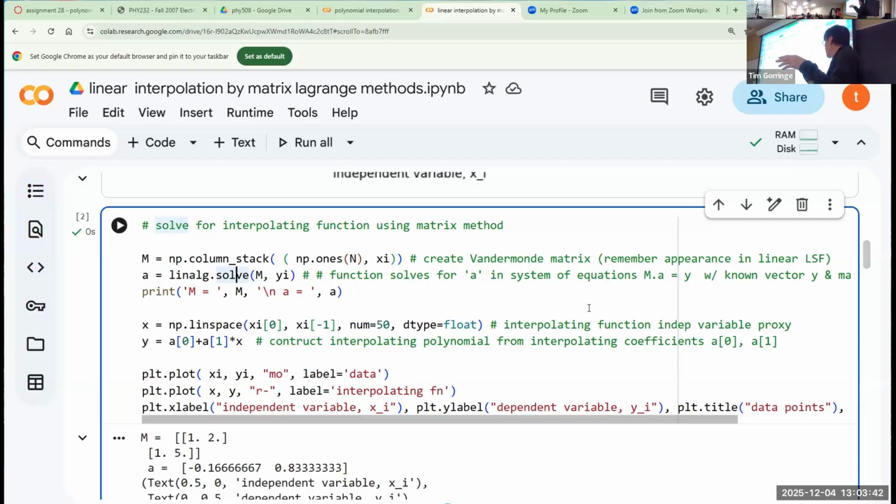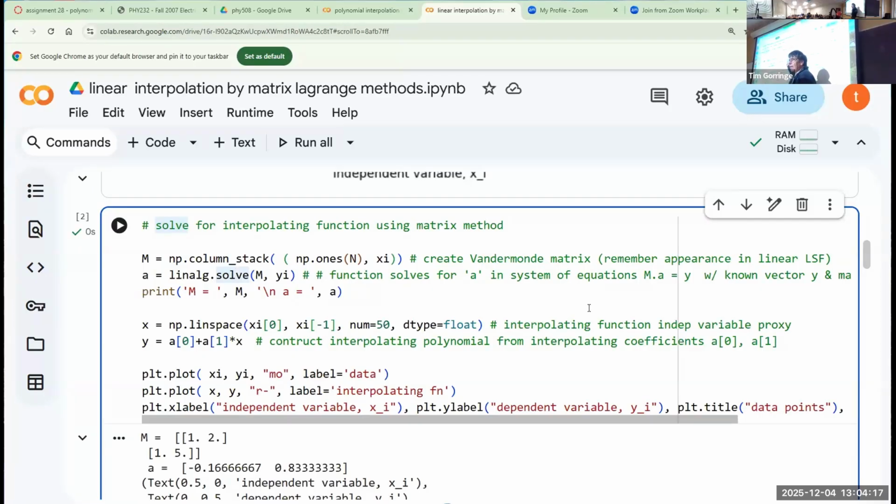Our interpolating polynomial has just a constant term and a linear term, so we're just going to have two columns in our Vandermonde matrix. One is just filled with ones, which corresponds to x to the power 0, and one is just filled with the array of x values, so that's the first power of x. And so that's my Vandermonde matrix that I'm creating.